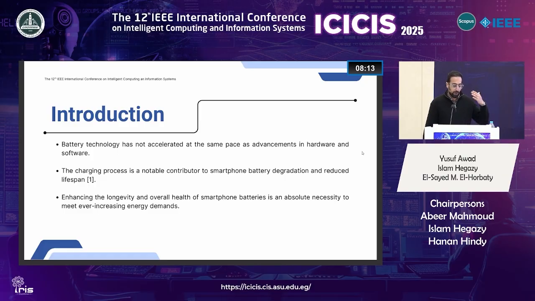We're not trying to improve this basic fundamental technology. So enhancing the longevity and overall health of a smartphone battery or any battery in general is an absolute necessity to meet this increasing demand for this power-hungry software and hardware.